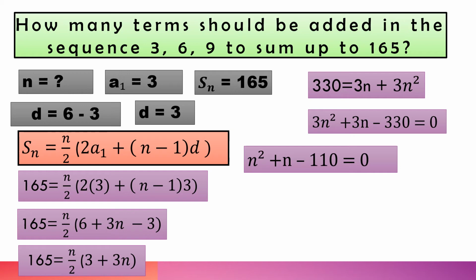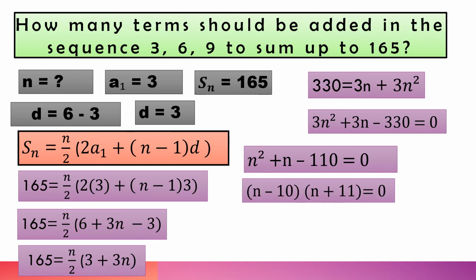Since we now have a quadratic equation, we may factor this one out. Let us try to identify the factors of n squared plus n minus 110. And those are quantity n minus 10 times quantity n plus 11.